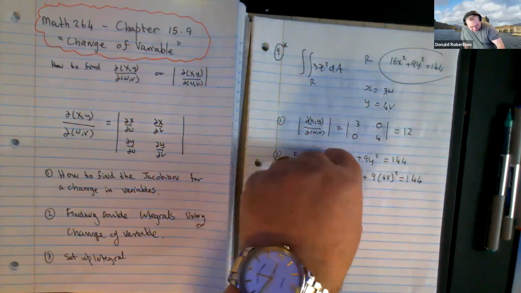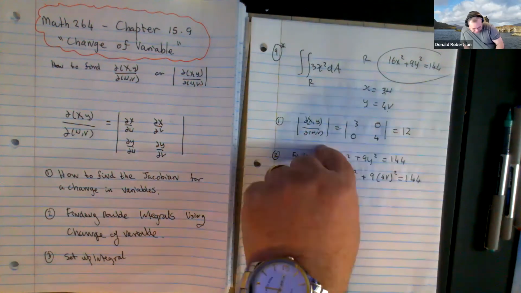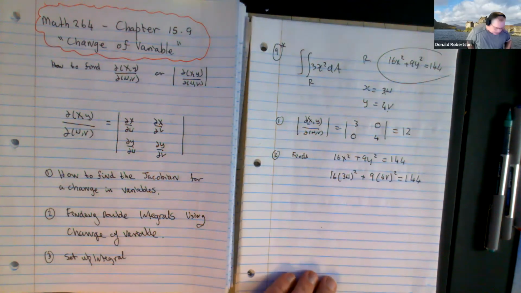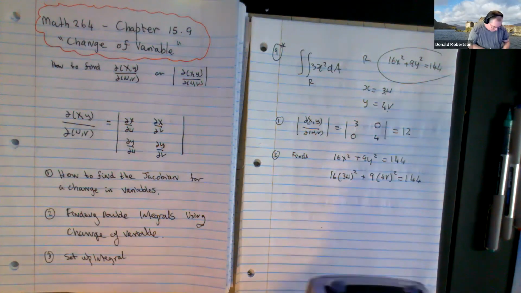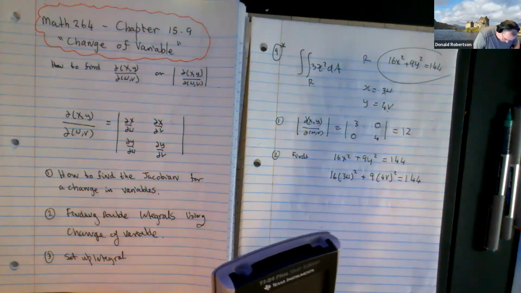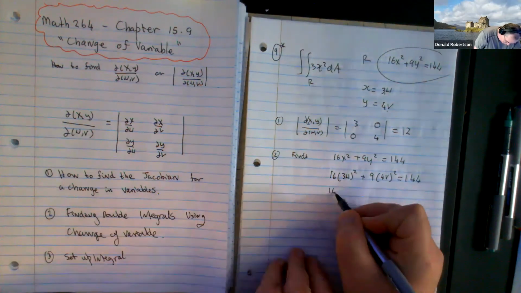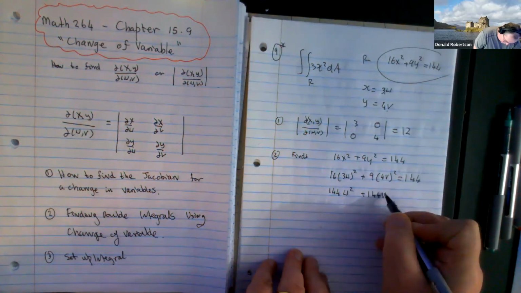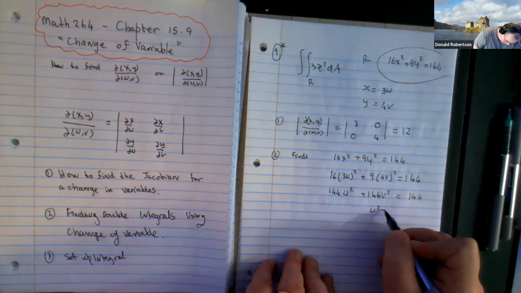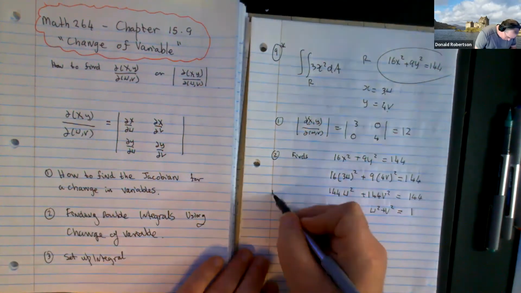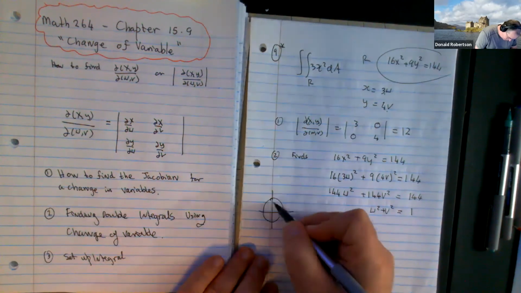So that's what that ellipse in xy space would look like when you convert it into the uv space. 9 times 16 is 144u squared plus 144v squared equals 144. And that is u squared plus v squared equals 1. So in the uv space, don't we get a circle, center the origin, radius 1?